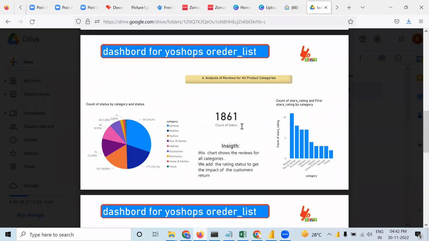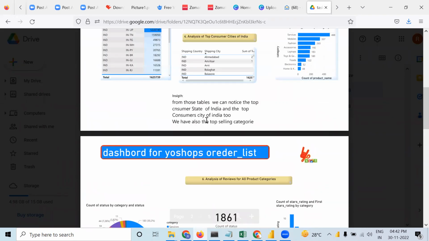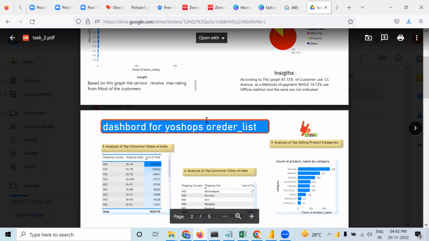Rating is always within 5 only, so it is going above 10. So you take the average of it. Somehow you may have taken the sum; by default, whenever we make such a graph, sum is taken. So instead of sum, use average. Rest of the things are all good, no issues with it.